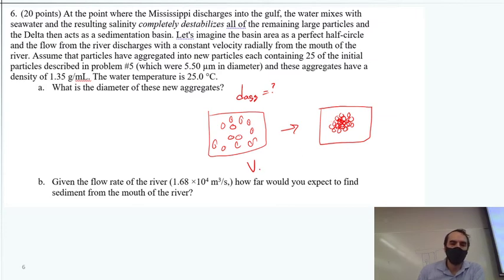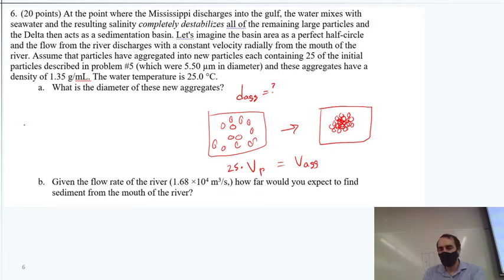So the volume of, let's say, 25 times the volume of one of the initial particles is equal to the volume of one aggregate, right? That part we know. So that's the relationship that we're going to use here.